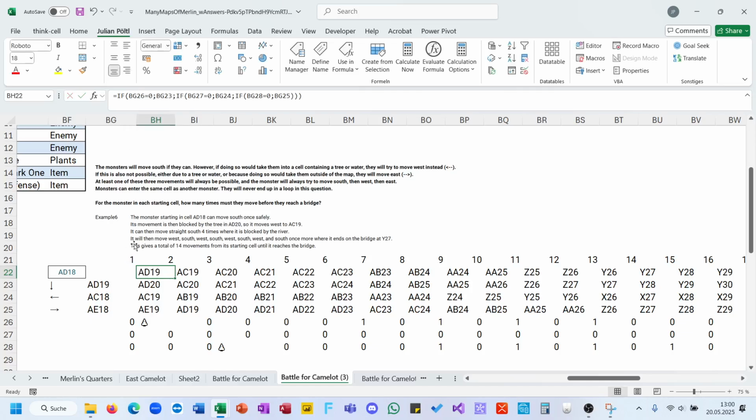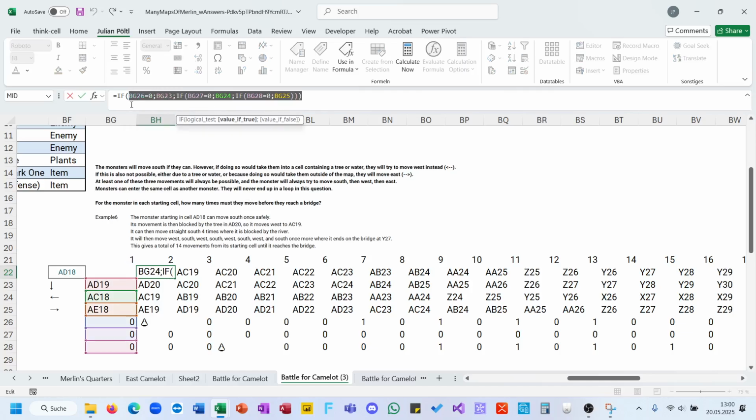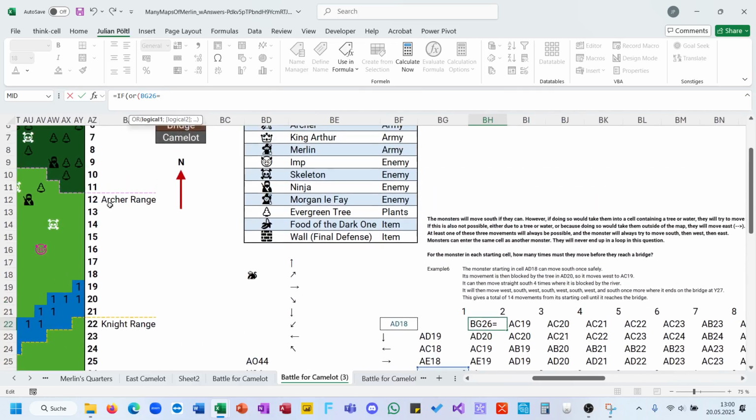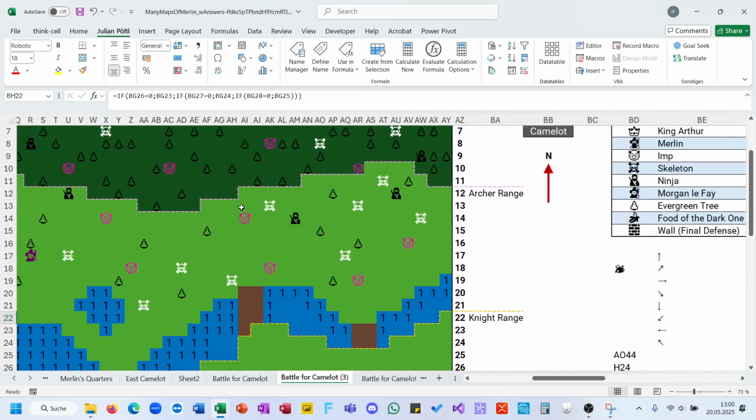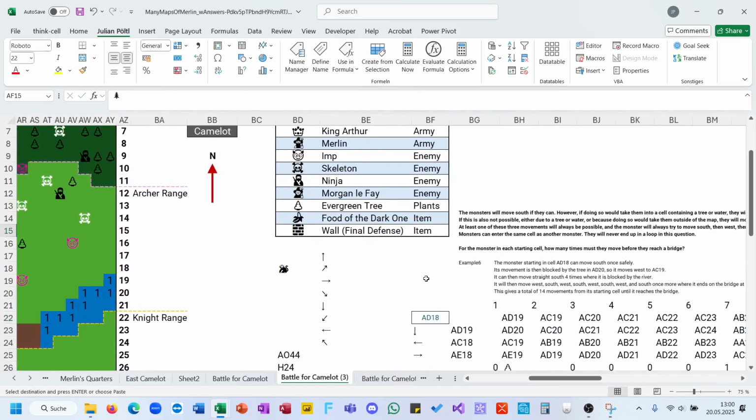Or, okay, if or this equals there's a tree.